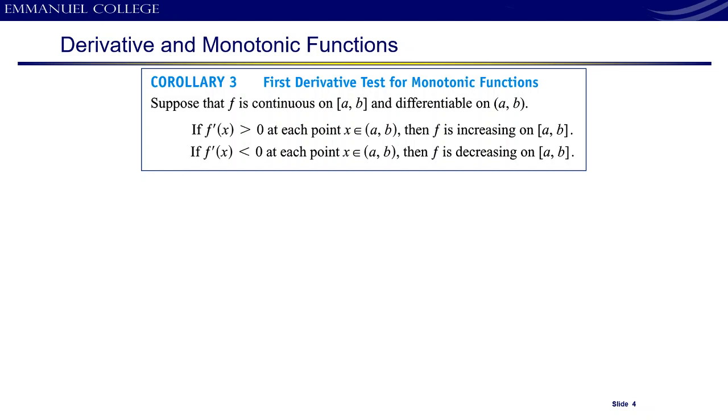So it only has to be differentiable on the interior, but it has to be continuous on the endpoints too. If f prime of x is always positive for every point in your open interval, then that means it's increasing on the entire closed interval, and then vice versa.